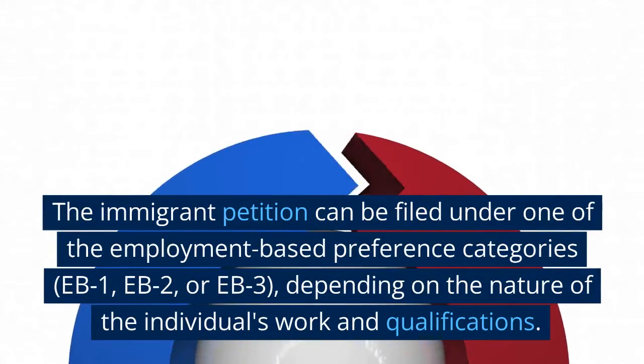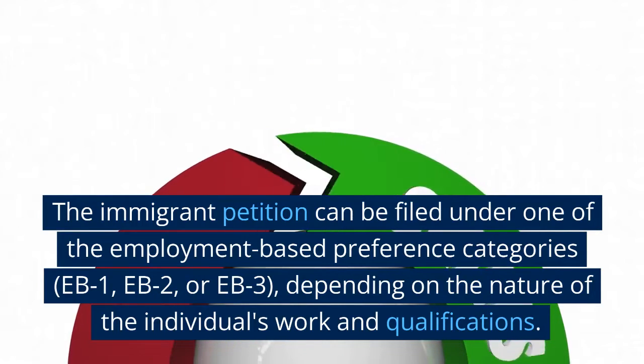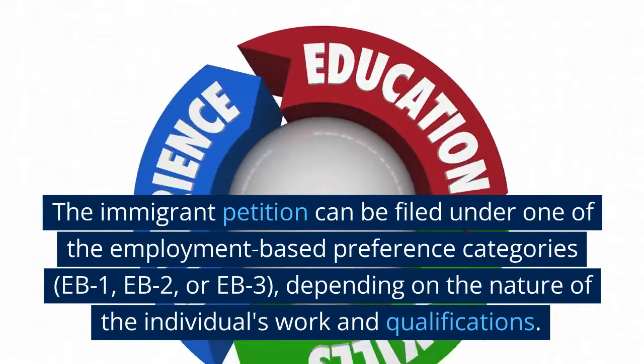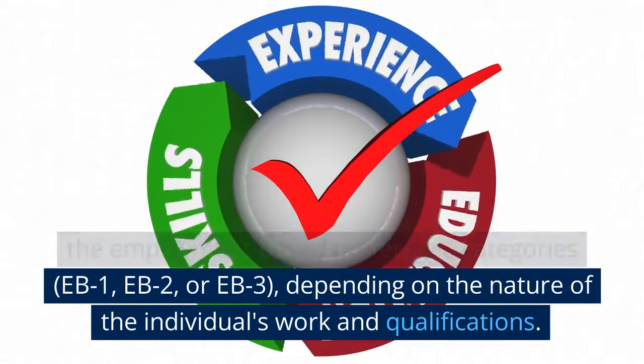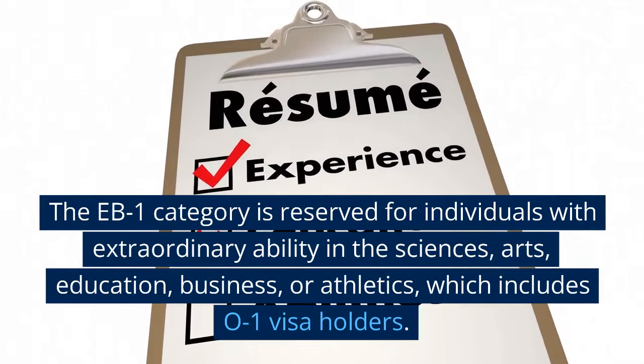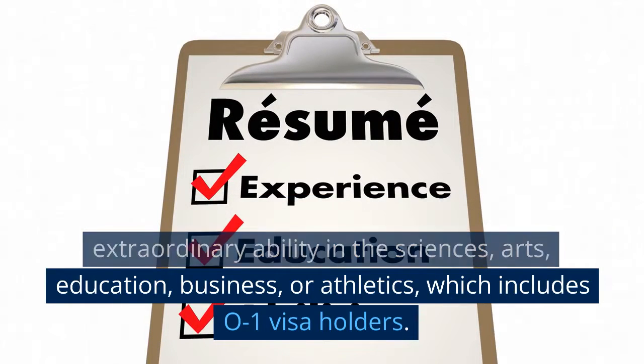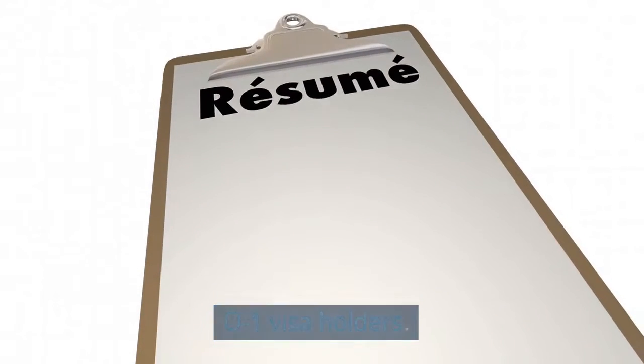The immigrant petition can be filed under one of the employment-based preference categories, EB-1, EB-2, or EB-3, depending on the nature of the individual's work and qualifications. The EB-1 category is reserved for individuals with extraordinary ability in the sciences, arts, education, business, or athletics, which includes O1 visa holders.